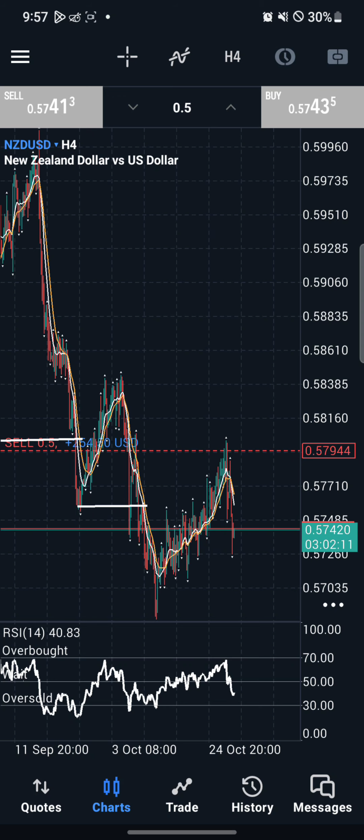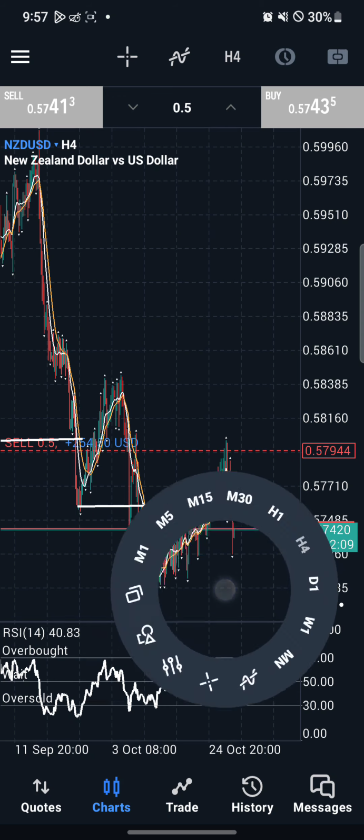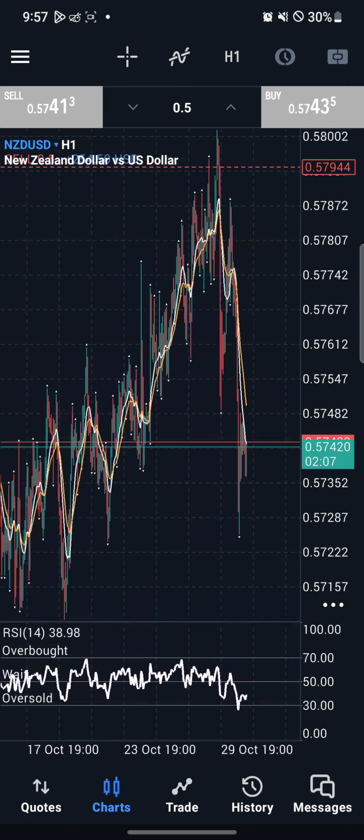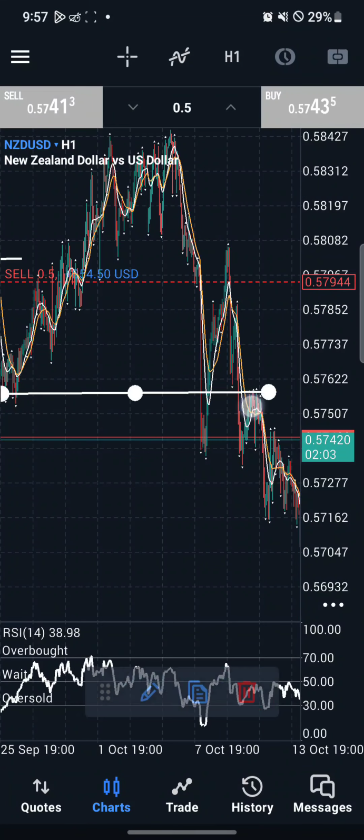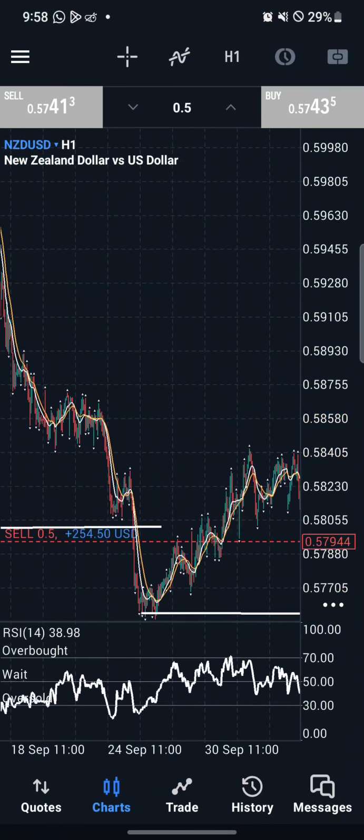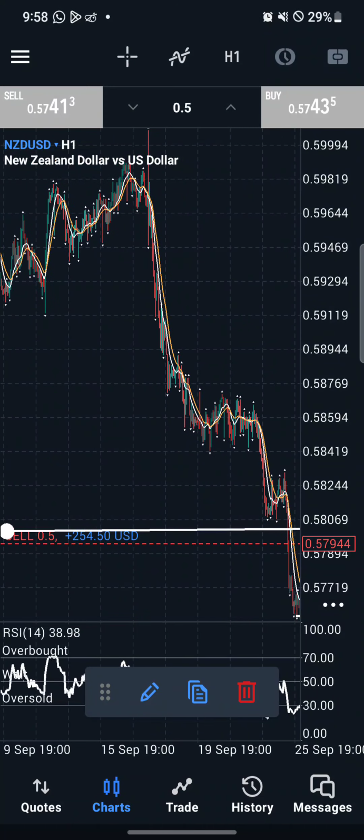Now let's move to 1 hour time frame. And on 1 hour time frame, you get a clearer picture. There is still another minor break of structure here.